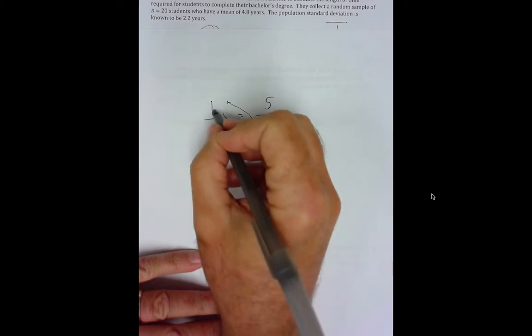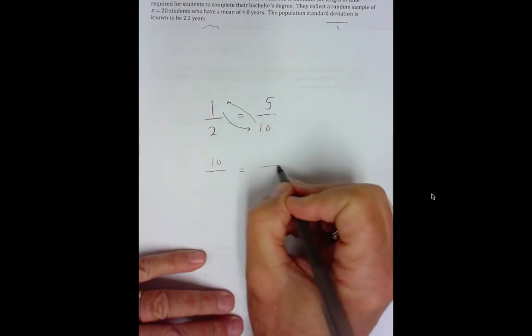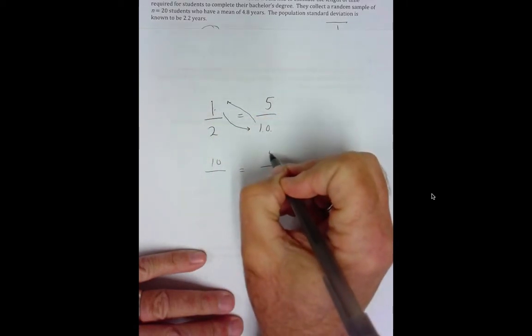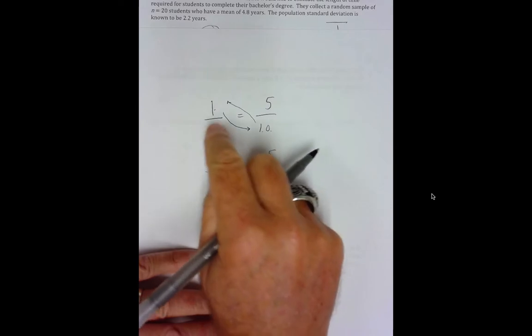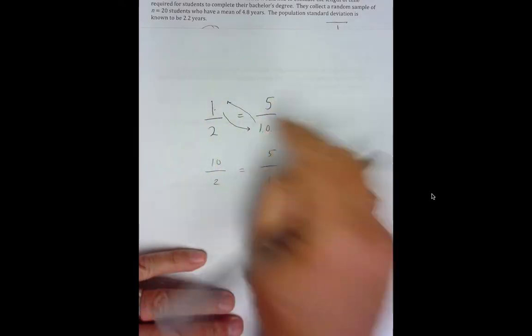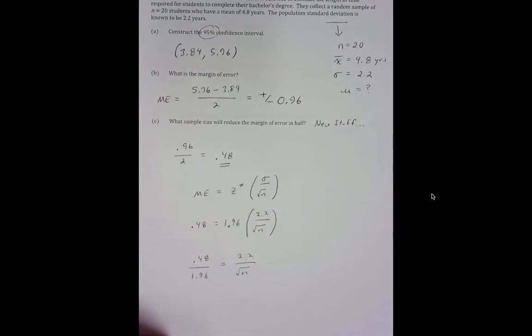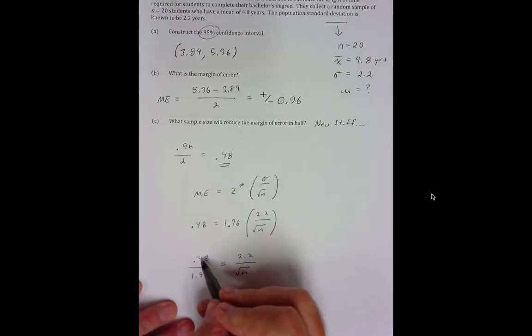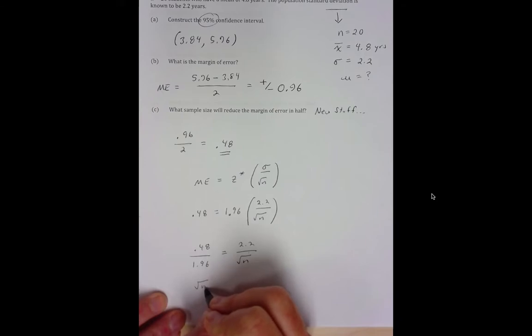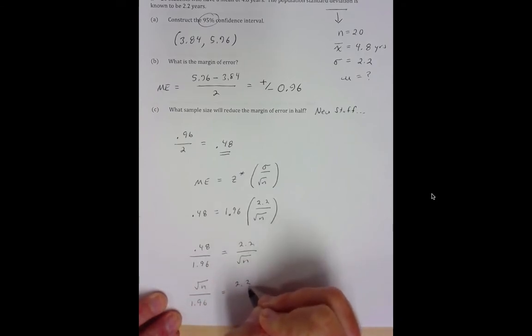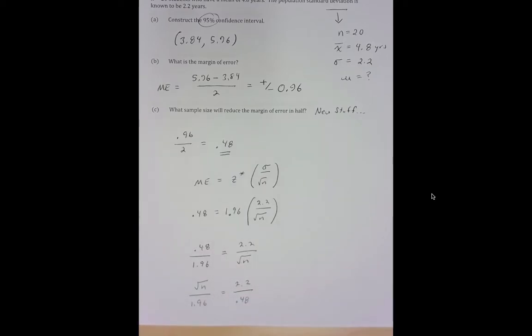I can put the 10 up here, put the 1 down here, leave everything else the same, and I don't violate the equality. Same thing here. If I have 1 over 5, it's the same thing as 2 over 10. So I'm going to do that over here. I'm going to switch the 0.48 and the square root of n to get this.